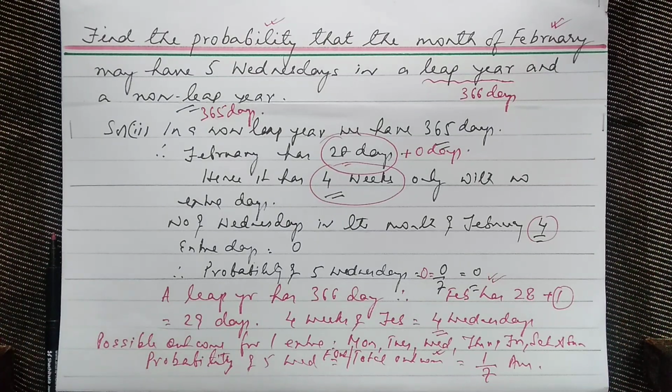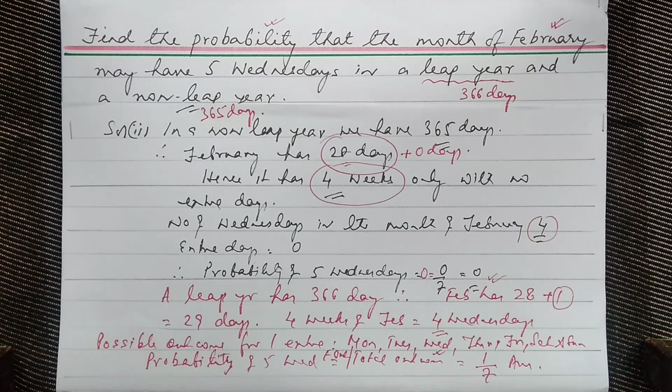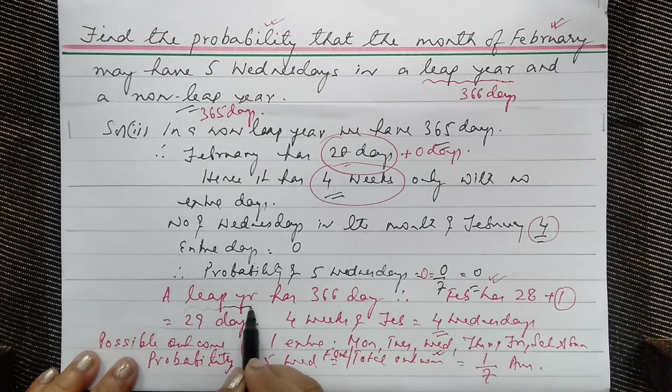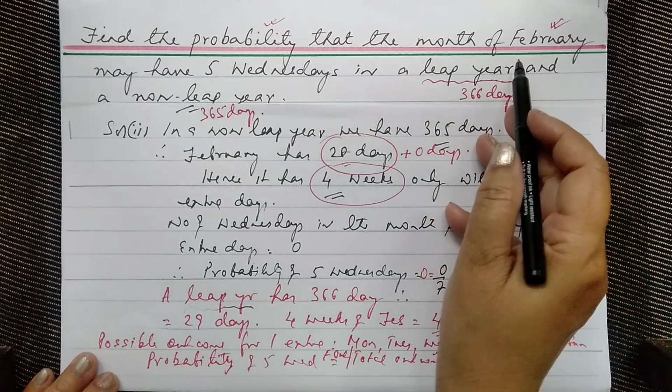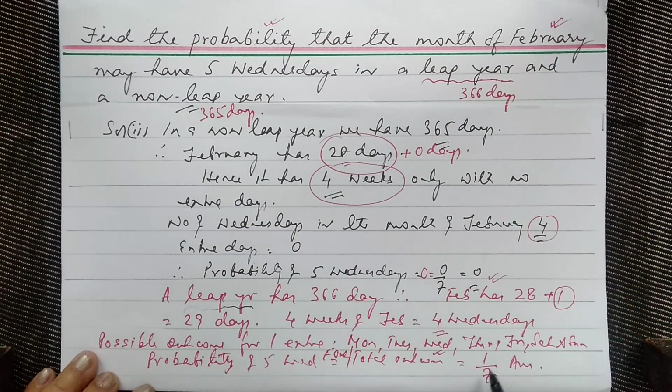Okay. So guys, it is as simple as that, just that we get kind of blown off by reading leap year or non-leap year. Understood? So for a leap year, the possibility of having 5 Wednesdays is 1 by 7.